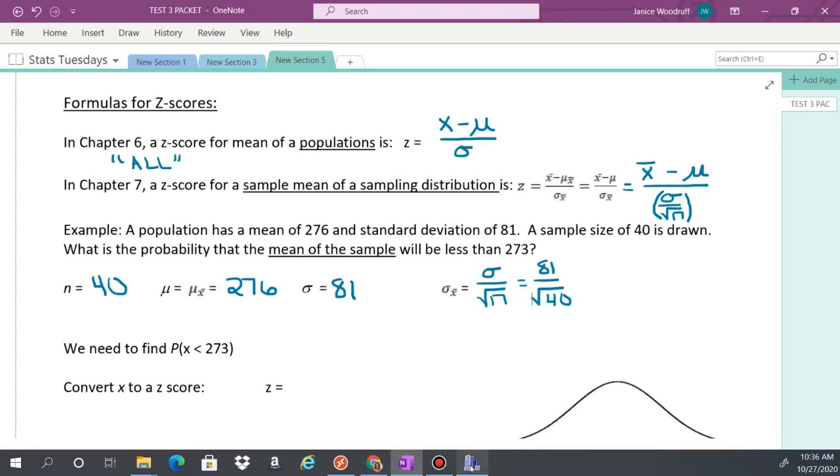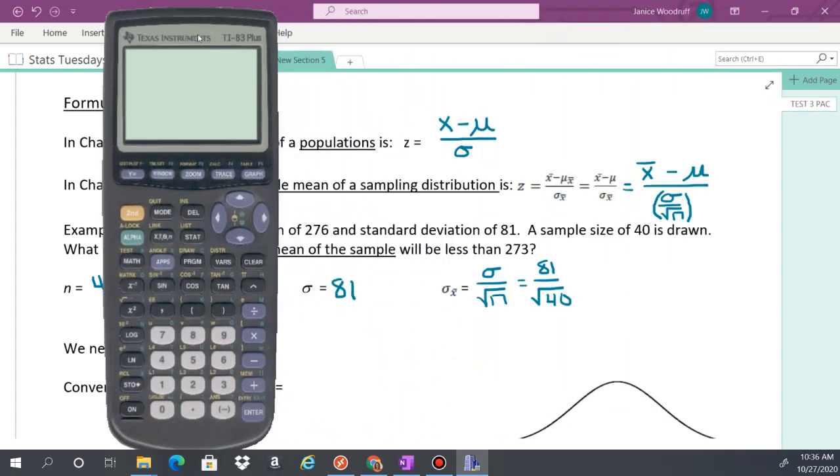So let's go ahead and find that. We can put that in our calculator as 81 divided by, and then we'll go second square root of 40 and close that parentheses.